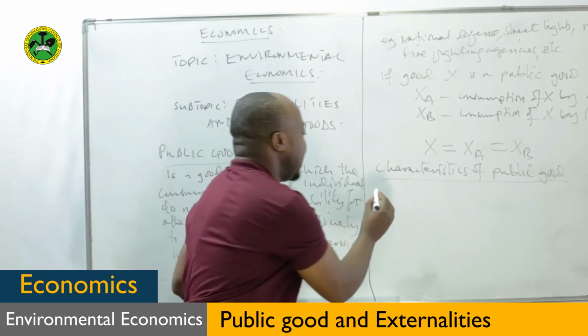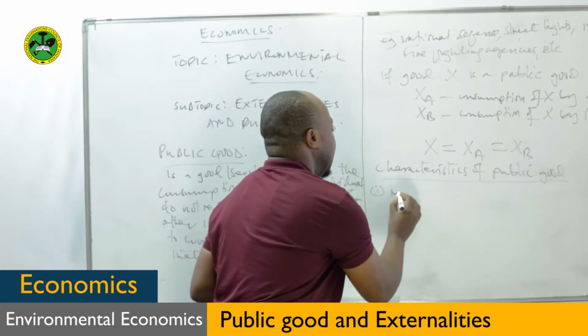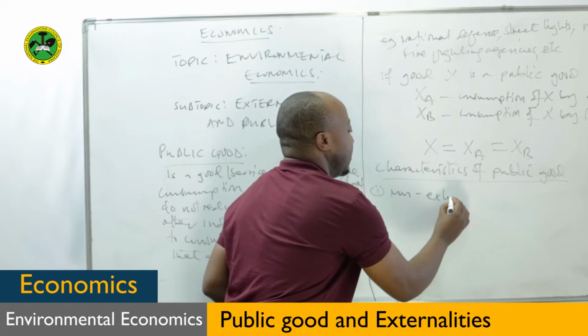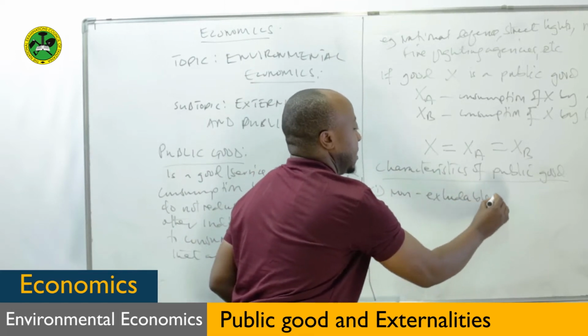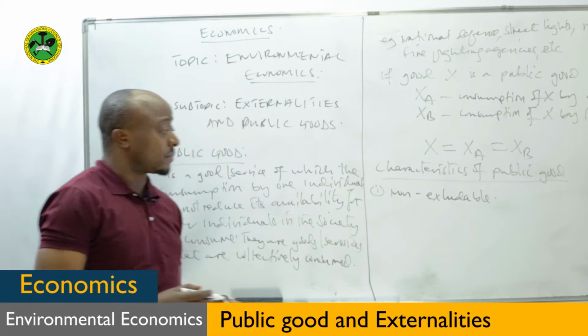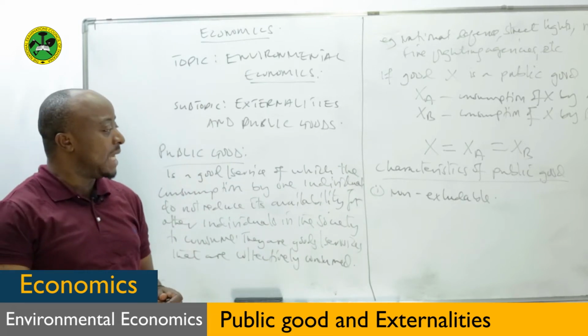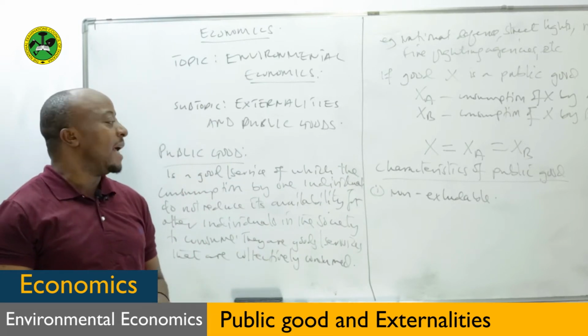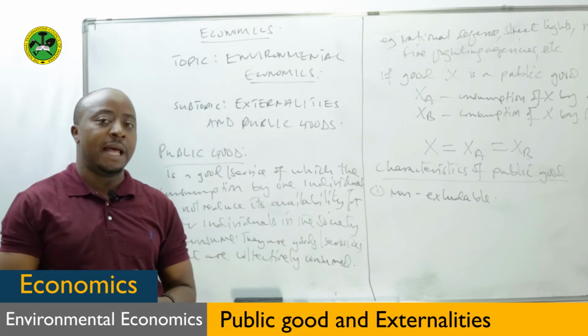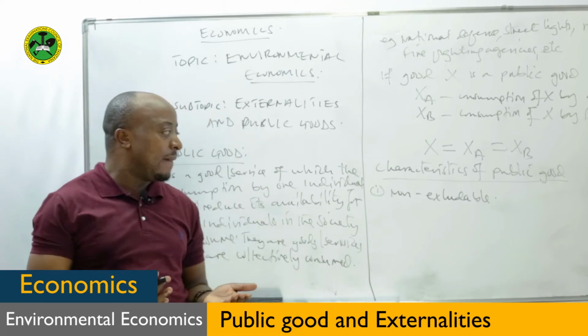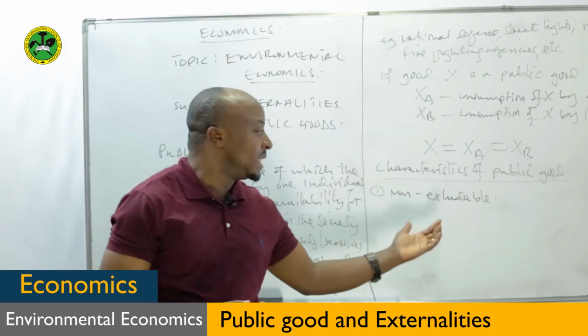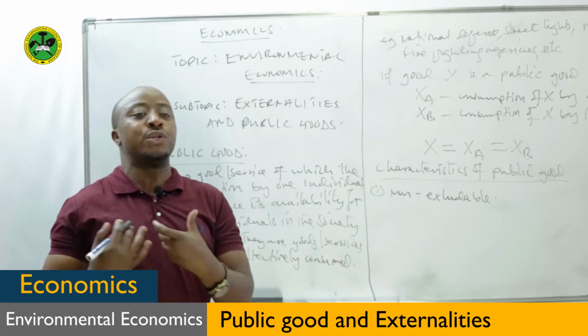Number one, public goods are non-excludable. What do we mean when we say non-excludable? It means when a public good is produced, the consumption of the public good does not exclude anyone from consuming it.